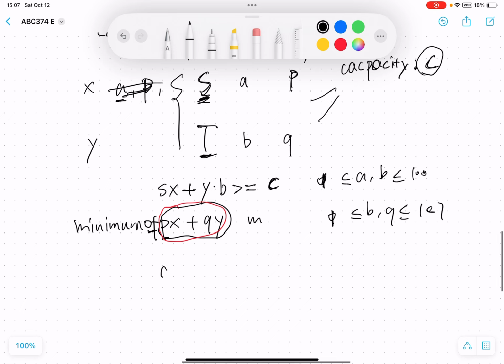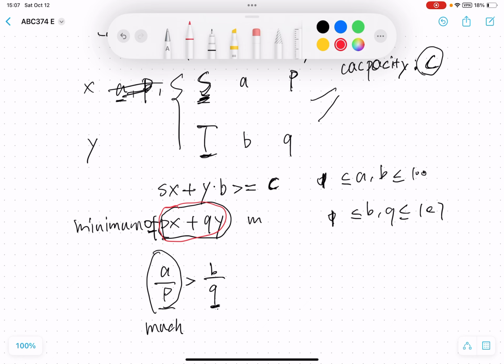That means A divided by P, and B divided by Q. If the left value is larger than the right, we should use the left as much as we can.